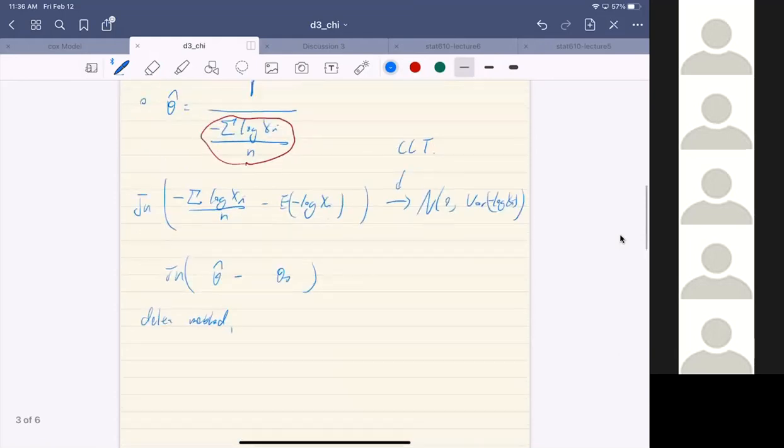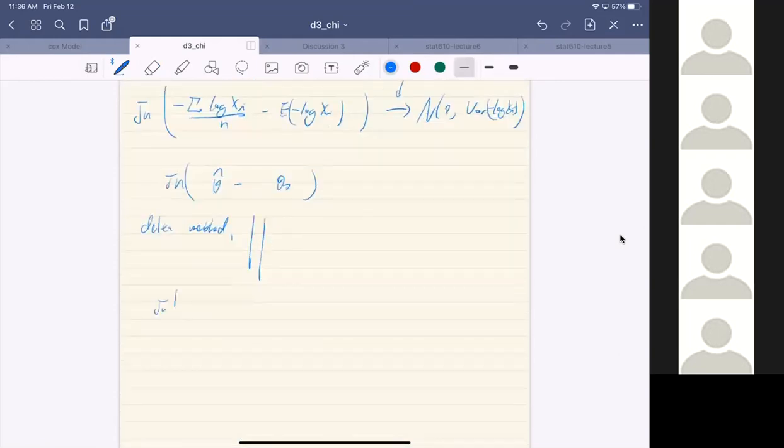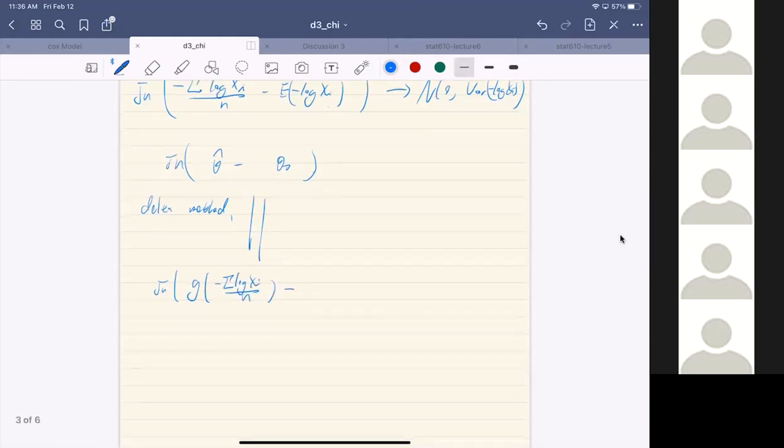This is a function, so we can think of it as a function of this minus the function of the expectation of this, which converges to this.